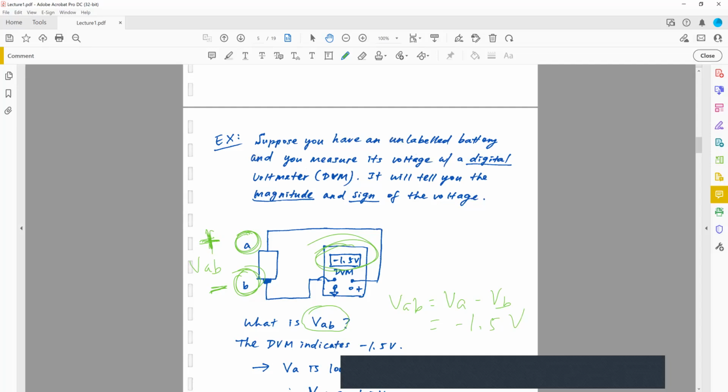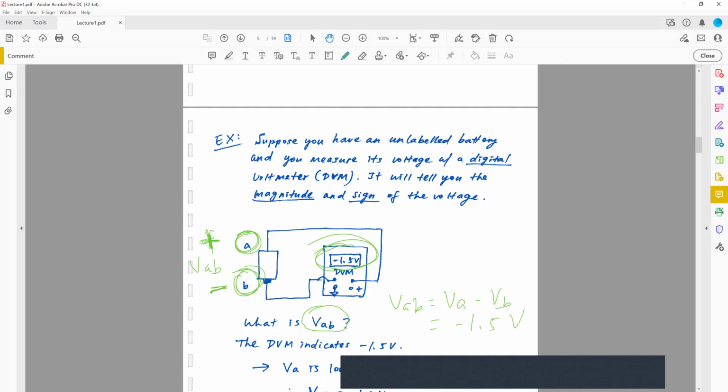By 1.5 volts, right? Because I have a negative sign here. This is a negative voltage. So I know A is going to be lower than B. In other words, B is going to be higher than A.